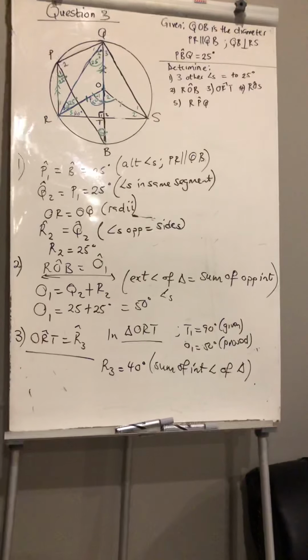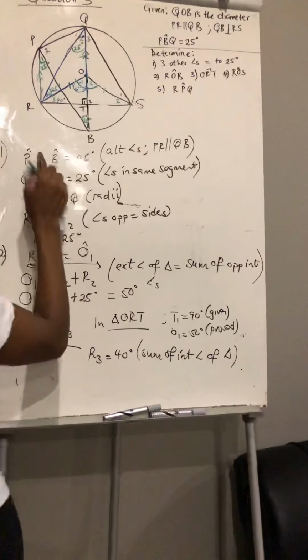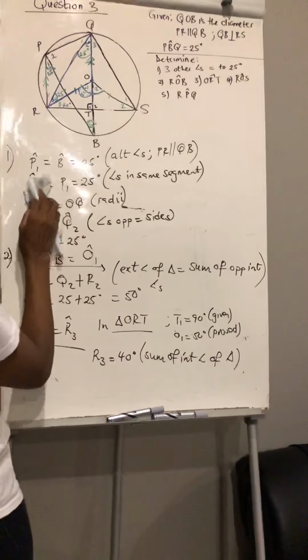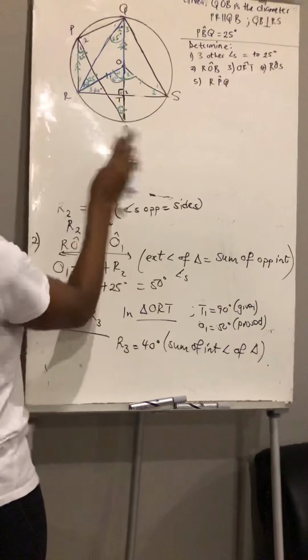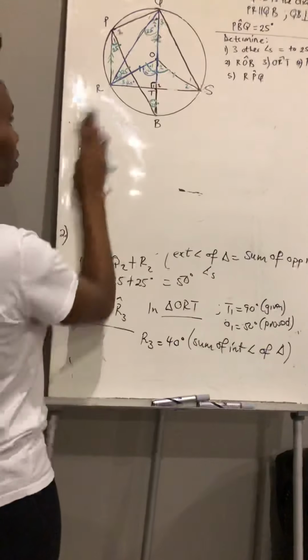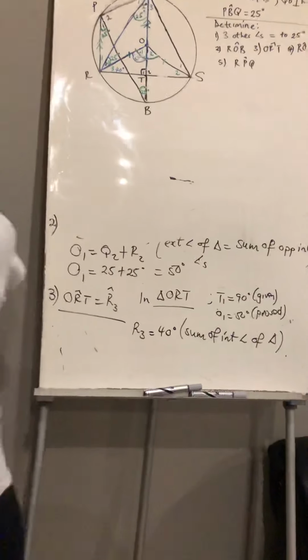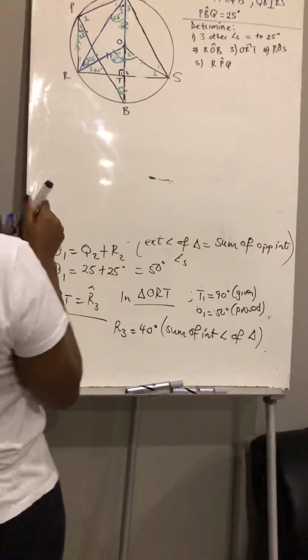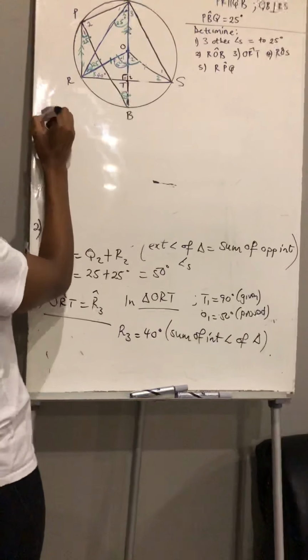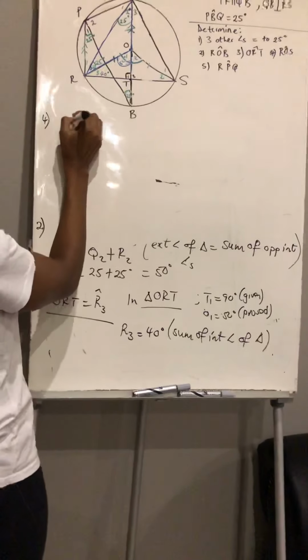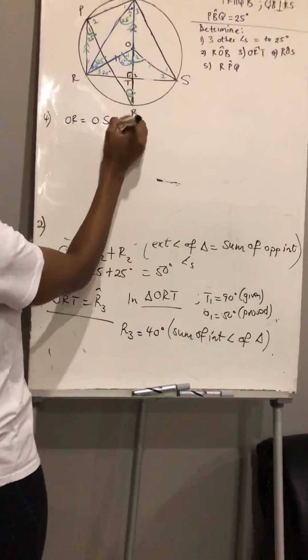However, the one that's very easy to write is the one where we calculate S2 instead. It's faster. Easy on the pen. So what I'm saying is, I can easily now mention that, let's do number 4 here. I can first of all mention that OR is equal to OS, which is the radii.